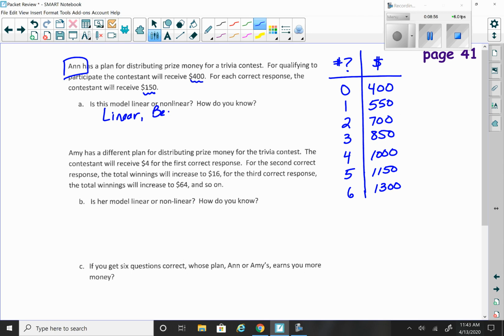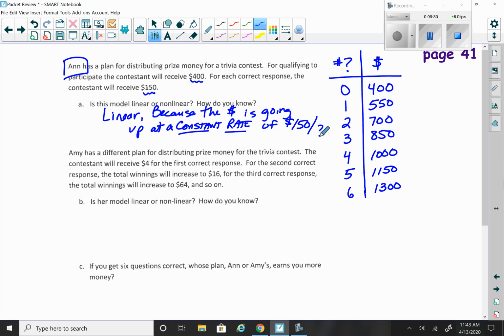We're going to say because the amount of money is going up at a constant rate of $150 per question. So every time you get another question correct, you keep winning or earning another $150. So we can see that constant rate in our table.